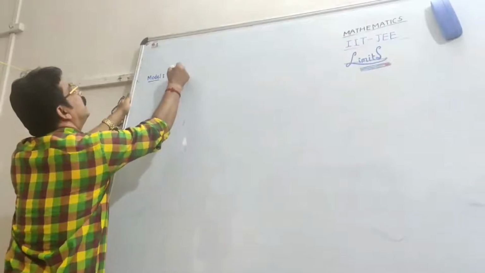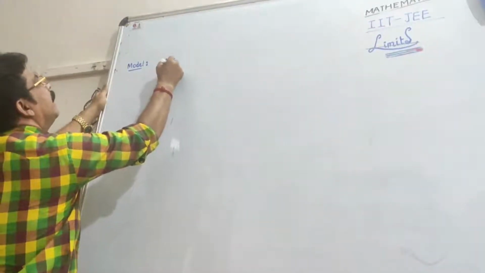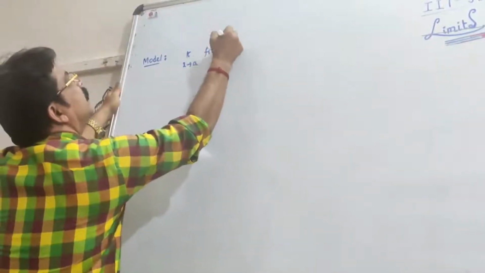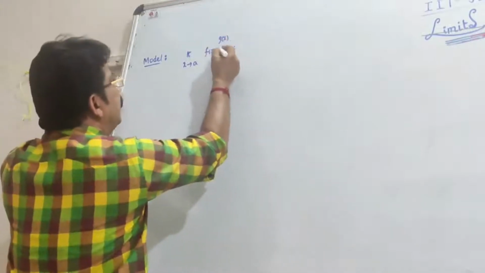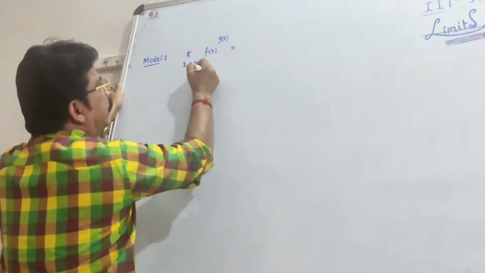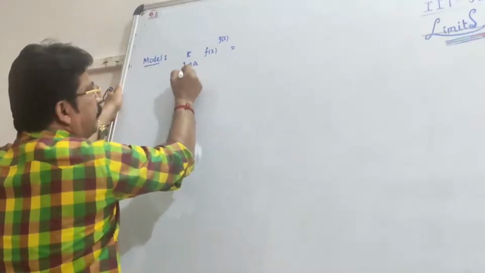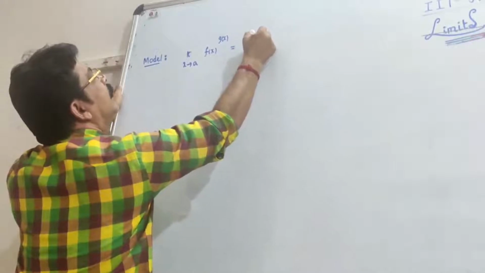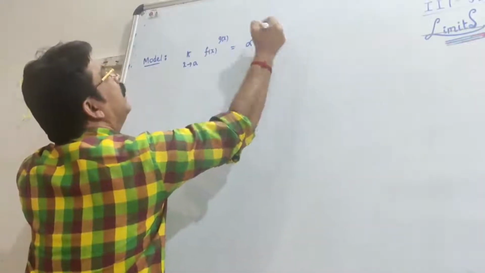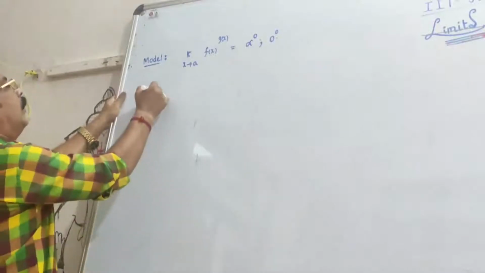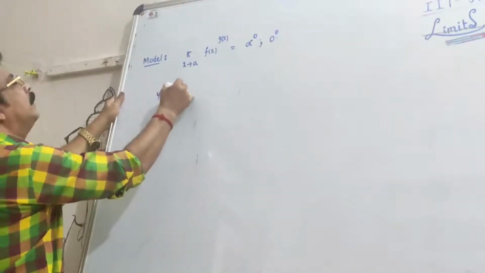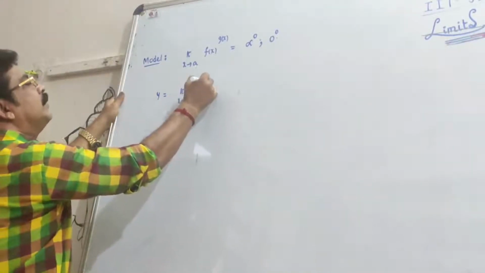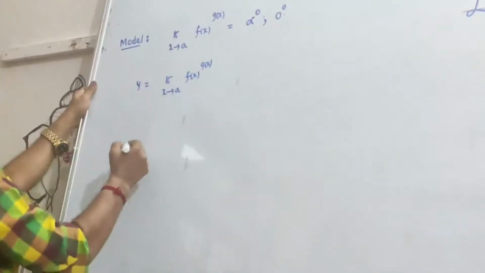Next model. Limit x tends to a, f of x whole to the power of g of x. After putting x equal to a, it is infinity power 0 or 0 power 0. So we let y is equal to limit, given question, limit x tends to a f of x whole to the power of g of x.